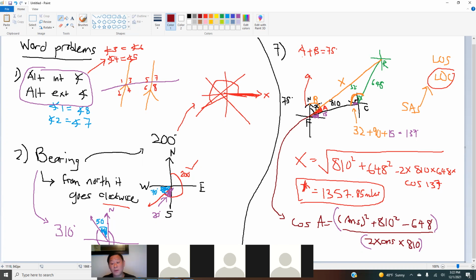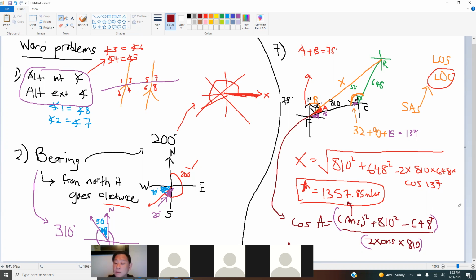Yeah, this is quite a bit of work here. If you don't want to use ANS, you can use this 1357.85, but ANS is definitely easier to use. So parentheses ANS squared plus 810 squared minus 648 squared here.